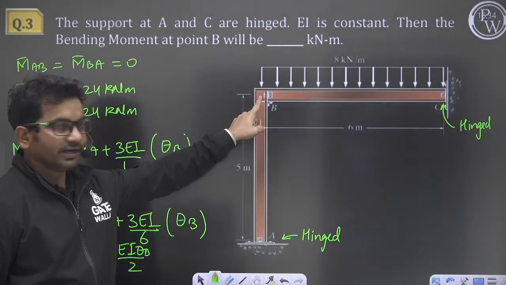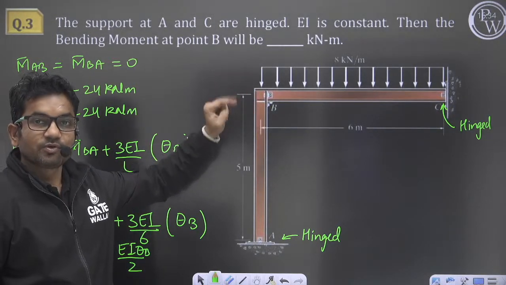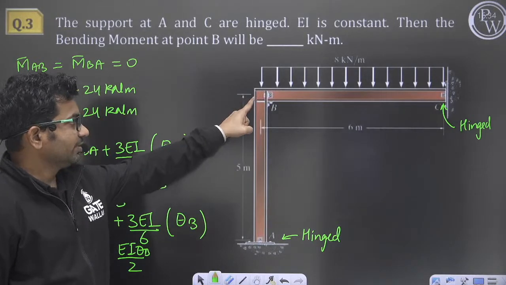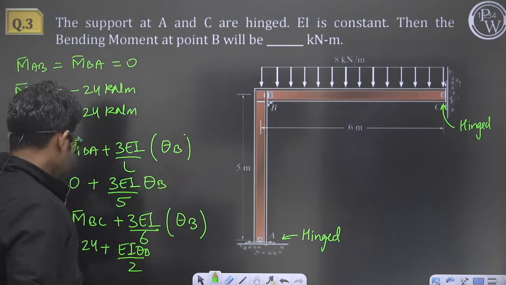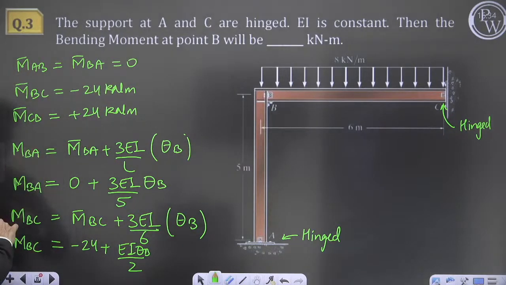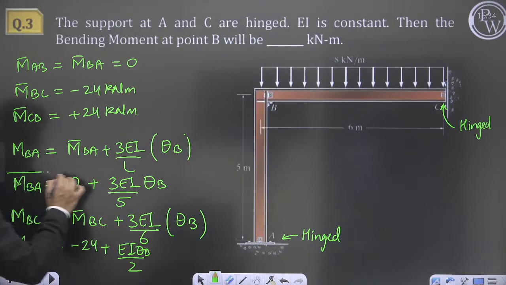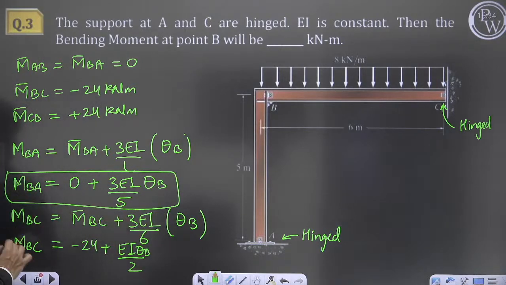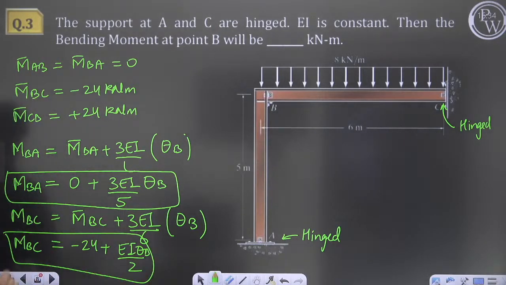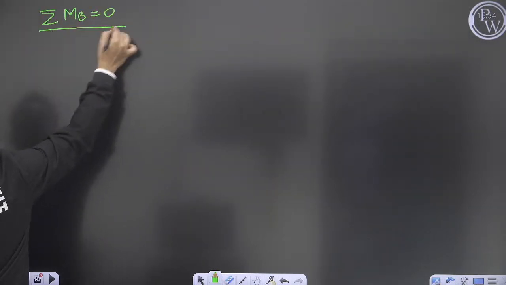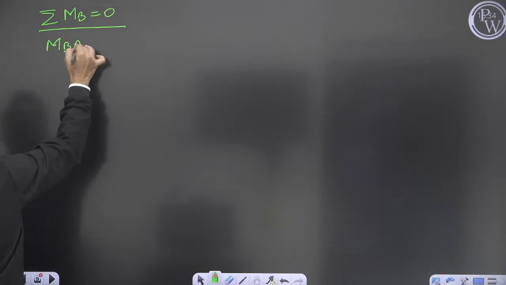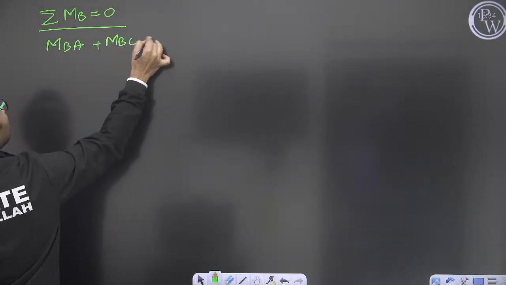Okay, now at this joint, equilibrium equation we will write. What will be the equilibrium equation? Summation of moments at point B will be equal to 0. At point B we are getting two moments, MBA and MBC, right? So MBA plus MBC will be equal to 0.